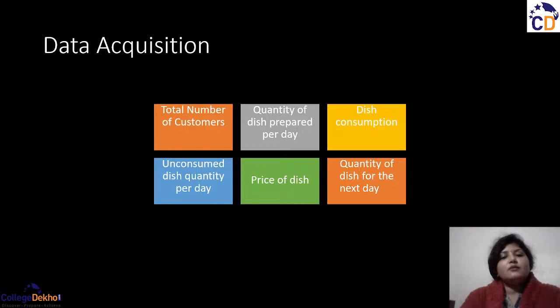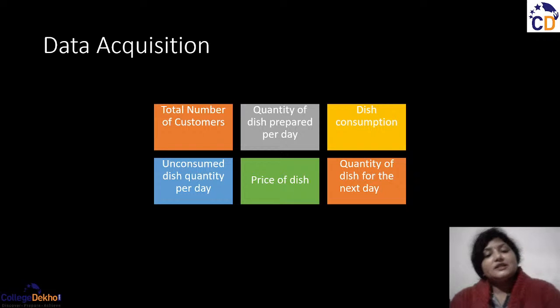Now, what are the different factors involved in capturing the data? The total number of customers: every day, how many customers are coming? Quantity of dish prepared per day. Then, how much dish is consumed, that is dish consumption. Next, unconsumed dish quantity per day. You need to maintain this part also: how much dish is unconsumed per day.